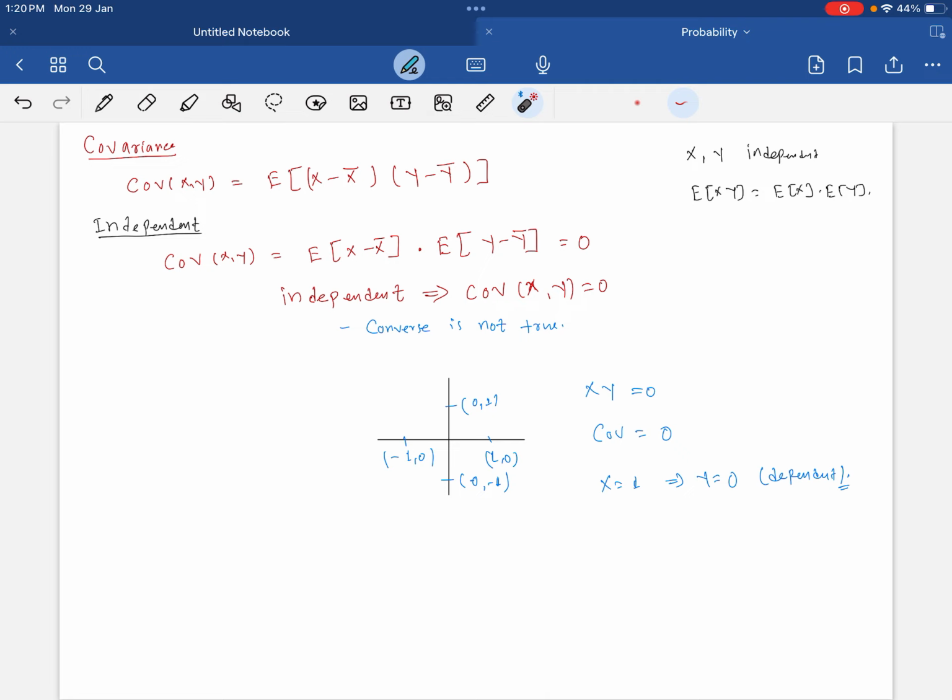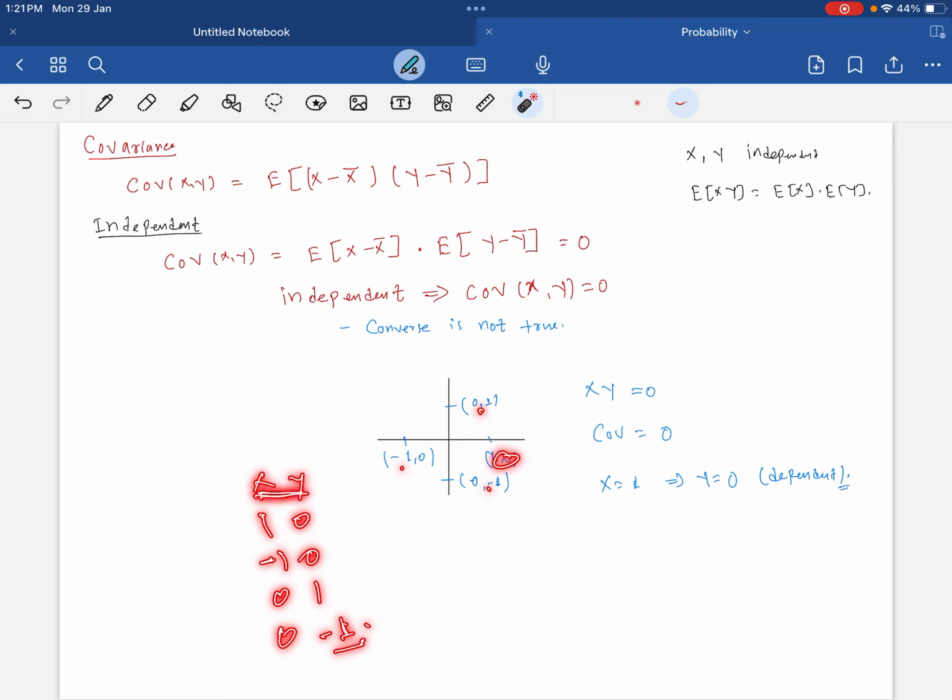Suppose you have two random variables X and Y, and these are the points (X, Y): (1, 0), (-1, 0), (0, 1), and (0, -1), right?